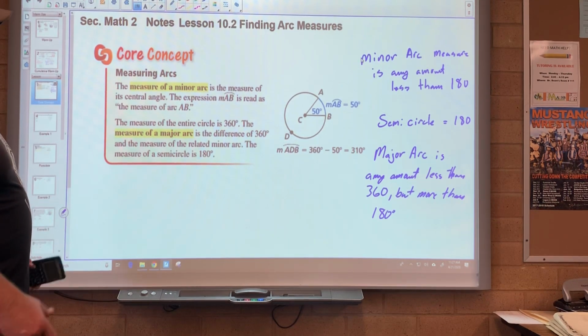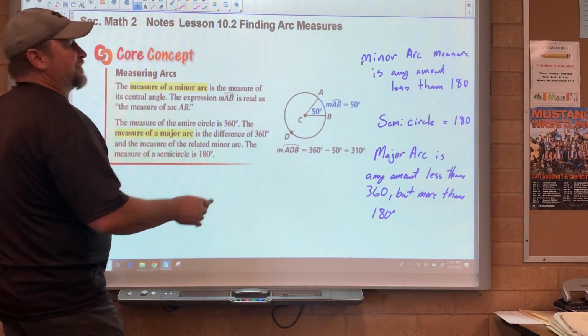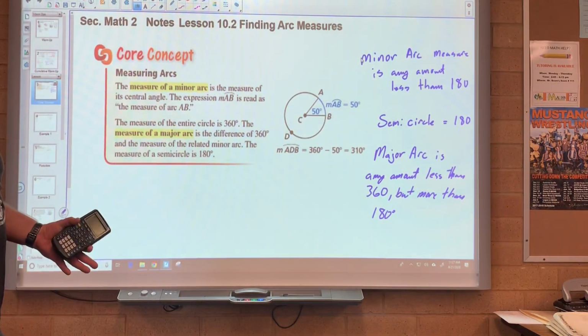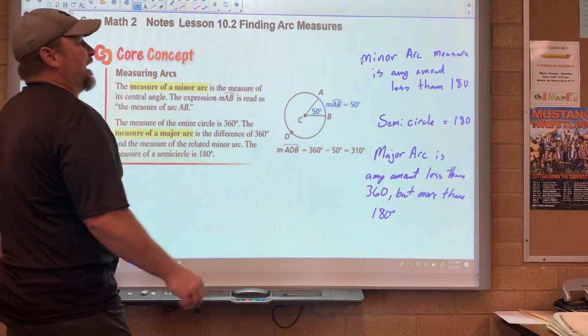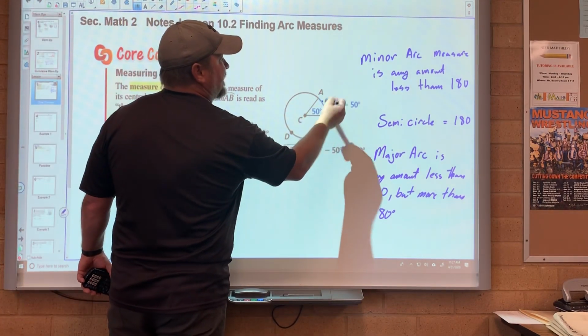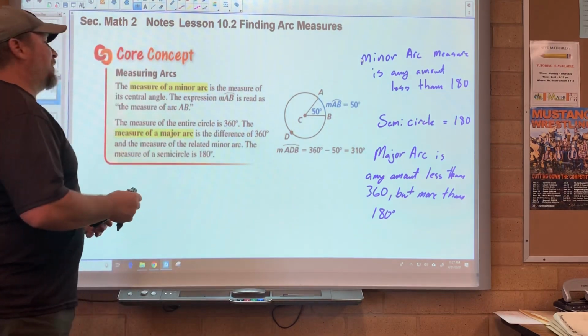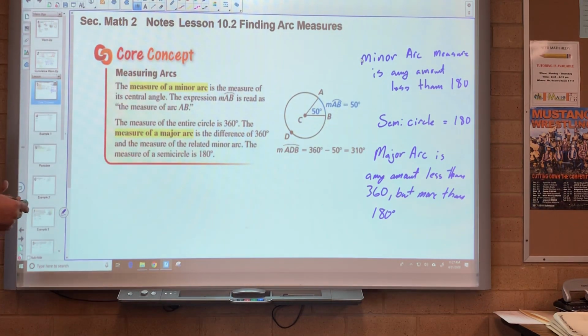Central angles. You just need to make sure you understand a central angle has to have the center with it. The center is where the vertex is. Once you have those angles, then you have the arcs outside of them, okay? All right. If you ever have a major arc, sometimes it's hard for kids to understand, well, which way are we going?